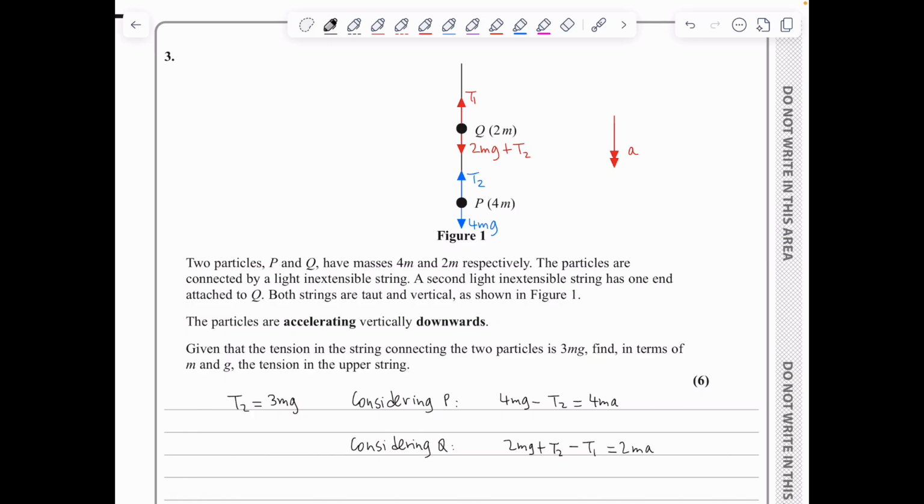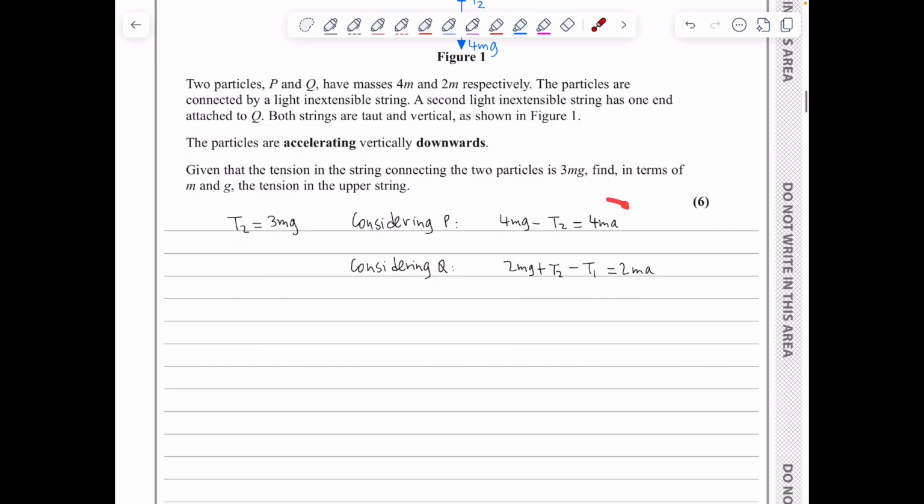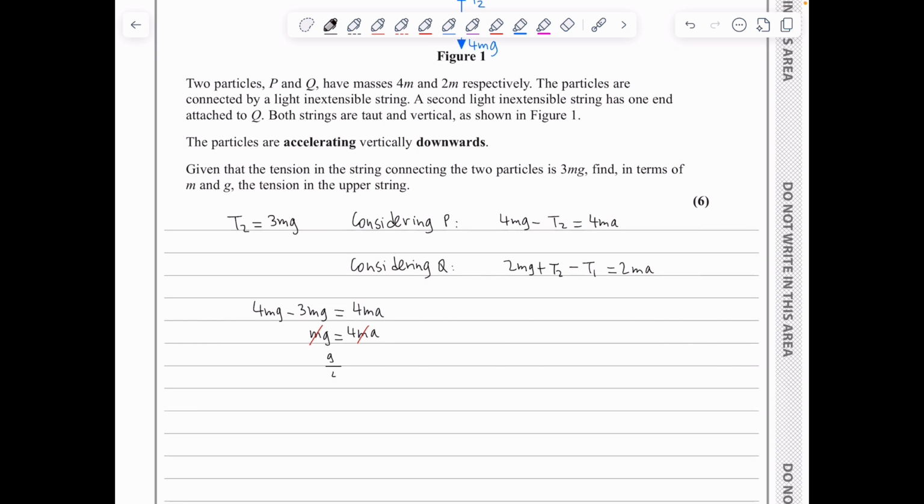I will proceed by substituting into the first equation for P, T2 with 3mg. So we're looking at 4mg minus 3mg being equal to 4ma, taking me to mg being equal to 4ma. Obviously the m's will cancel out, and we arrive at g over 4 being equal to a, the acceleration. And then going to the second equation, I'll be substituting T2 and the acceleration a.